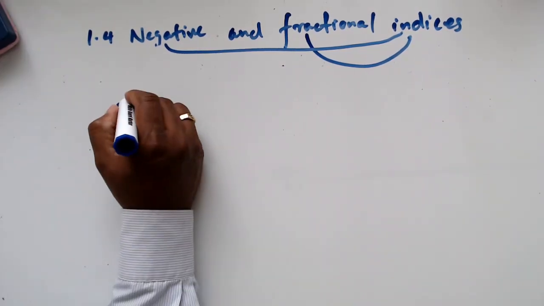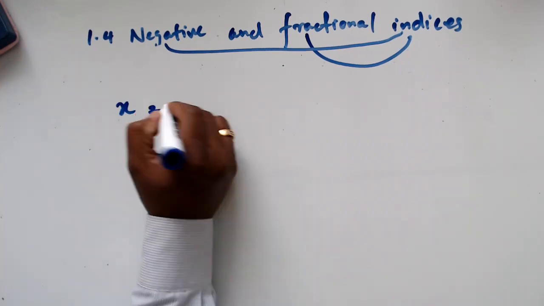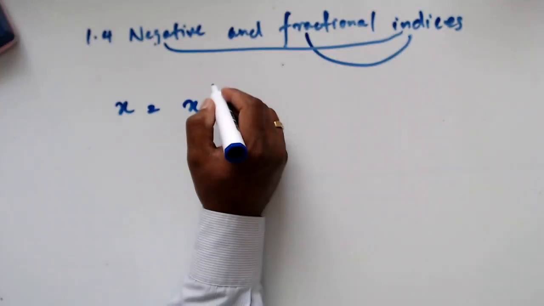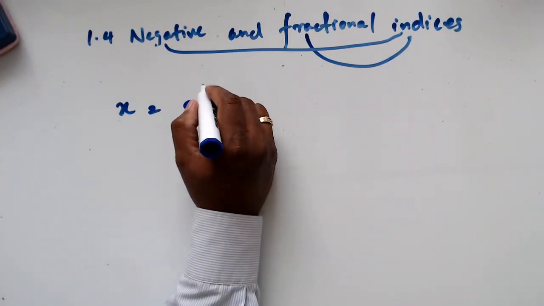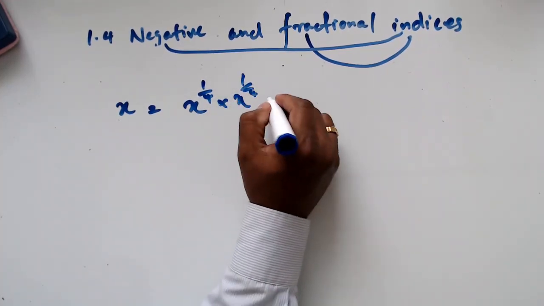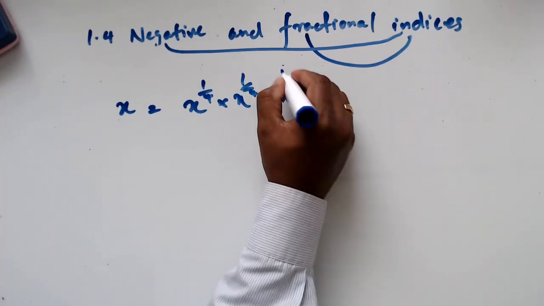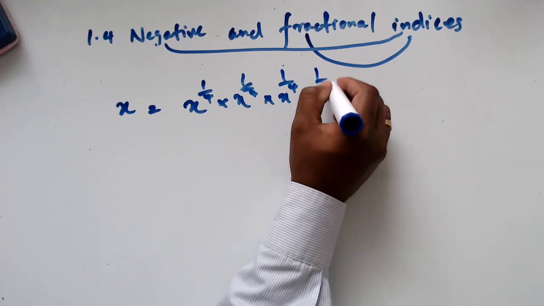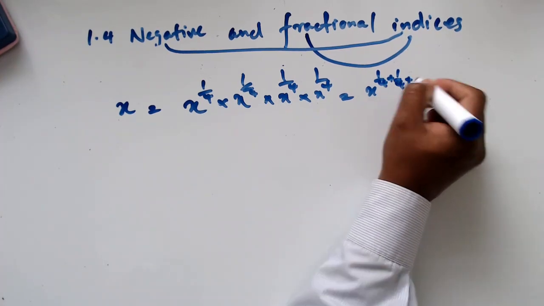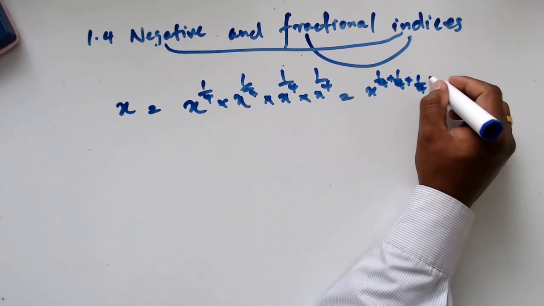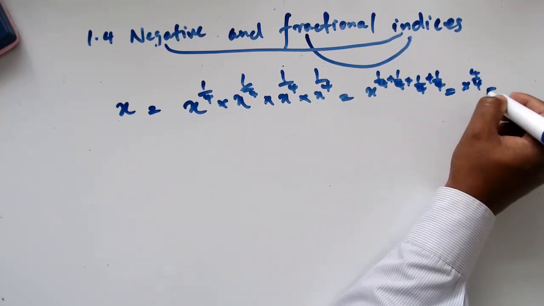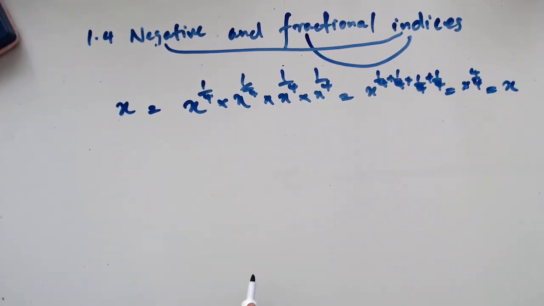I can write x as x^(1/4) times x^(1/4) times x^(1/4) times x^(1/4), which is x^(1/4 + 1/4 + 1/4 + 1/4), which is x^(4/4), which is x again.